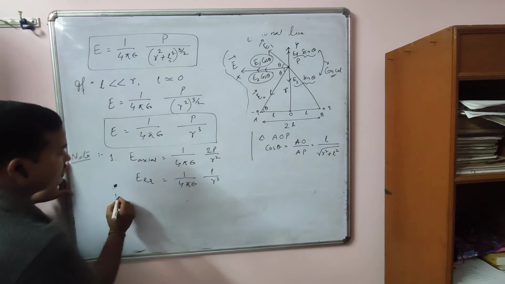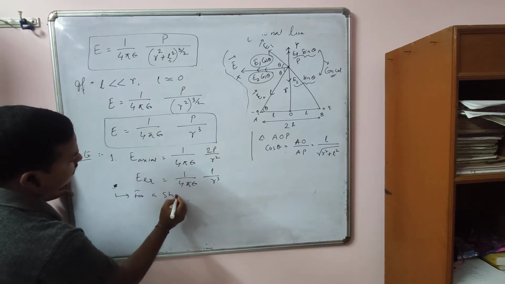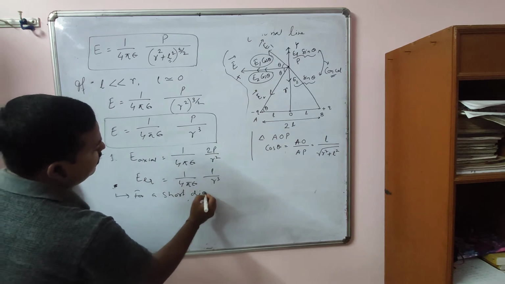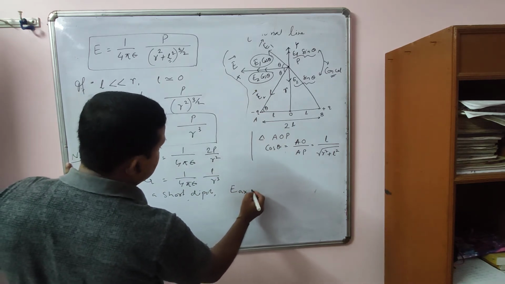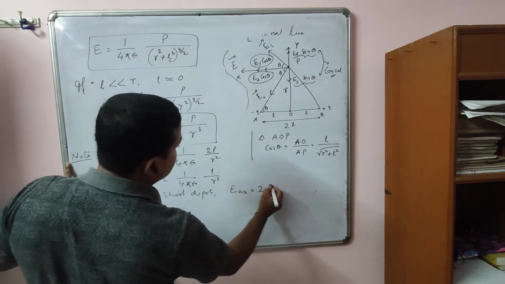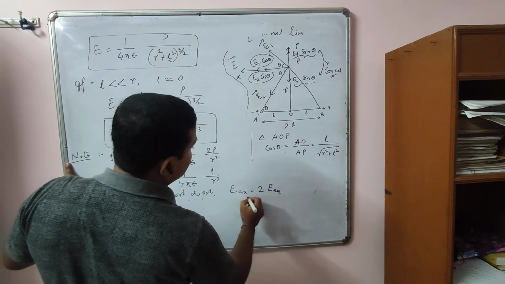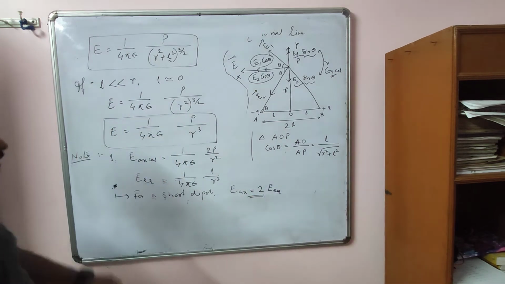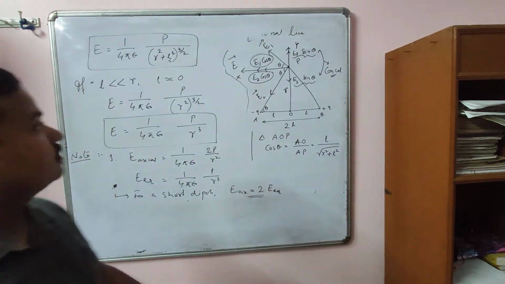So from here, what can you say? For a short dipole, you can write E axial is equal to twice of E equatorial. So you can remember this. For a short dipole, E axial is equal to what? Twice of E equatorial.